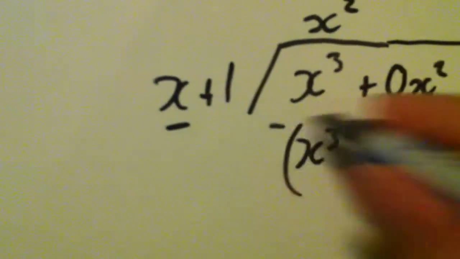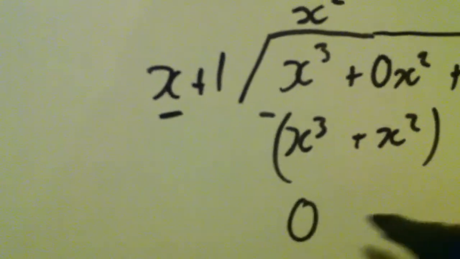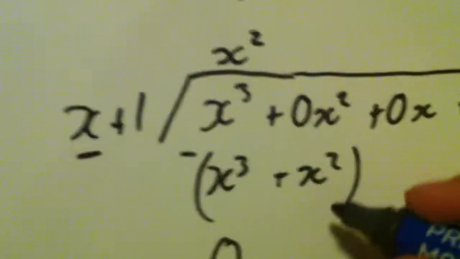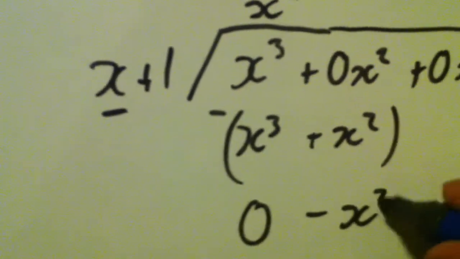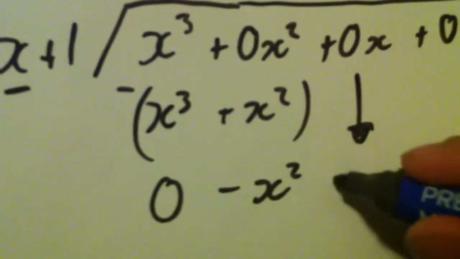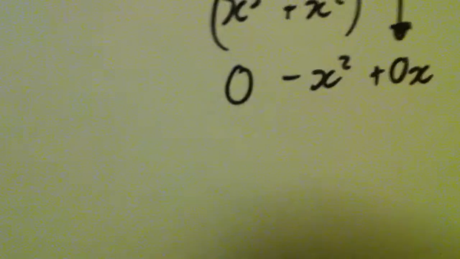Put all this in brackets and we minus it. So x cubed minus x cubed is just 0, and 0x squared minus x squared gives us minus x squared. We drop down our next value, plus 0x, and we repeat the process.